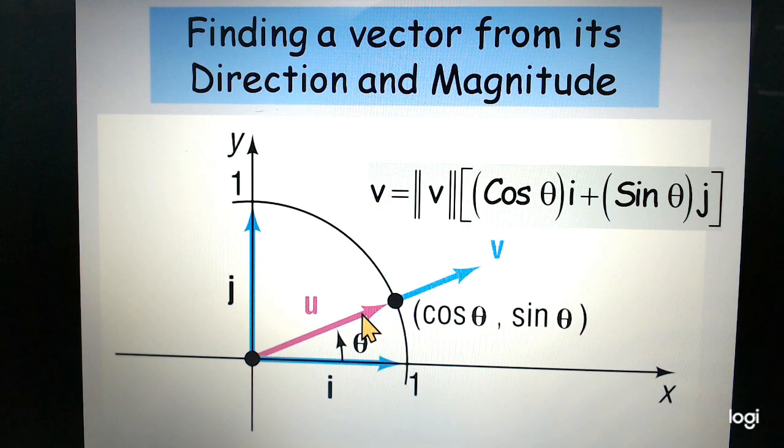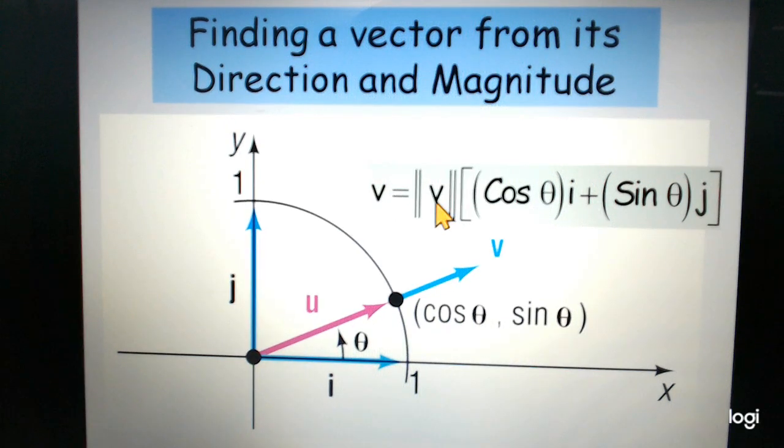And if you want a vector with magnitude v, it's just a simple scalar multiplication. And we're going to see this type of thing again later. Now, don't be confused. i is not the square root of negative 1. This is a different context. i is the unit vector in the x direction. j is the unit vector in the vertical or y direction.